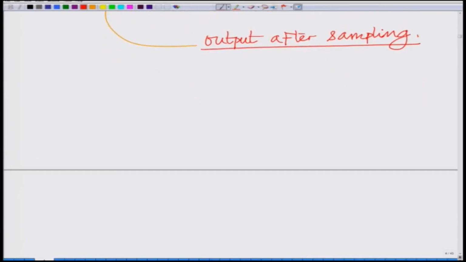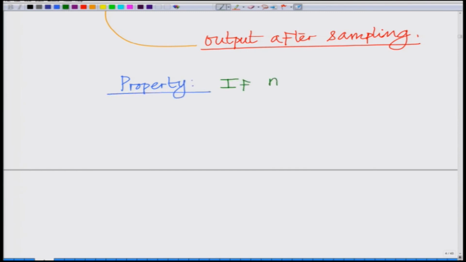So, if we take a Gaussian random variable, let us look at this property, because it is a fairly important property which we might invoke later also.